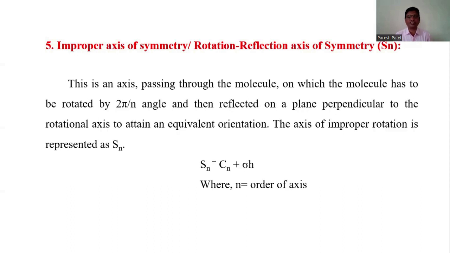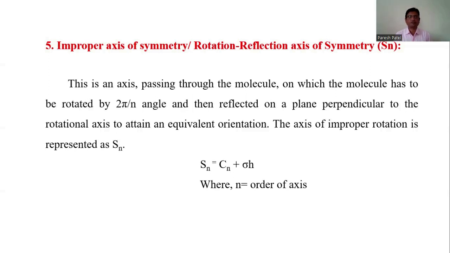This is an imaginary axis passing through the molecule. If we rotate the molecule around theta and reflect through the horizontal plane, it means the plane should be perpendicular to the main principal axis, to get the equivalent orientation position. So this type of symmetry can be recognized as rotational reflection axis of symmetry or improper axis of symmetry.